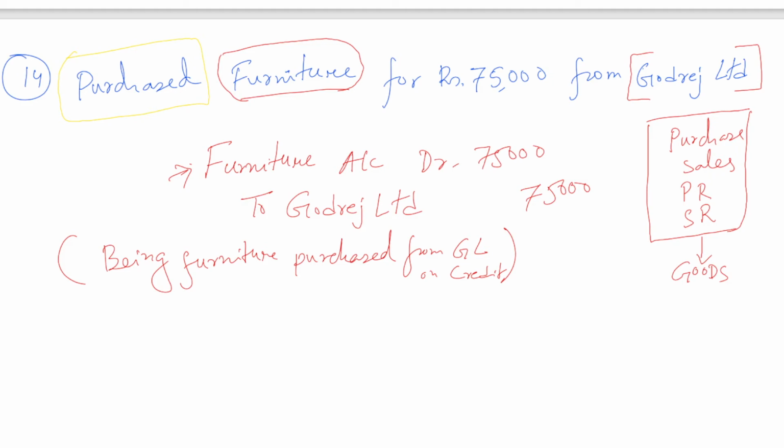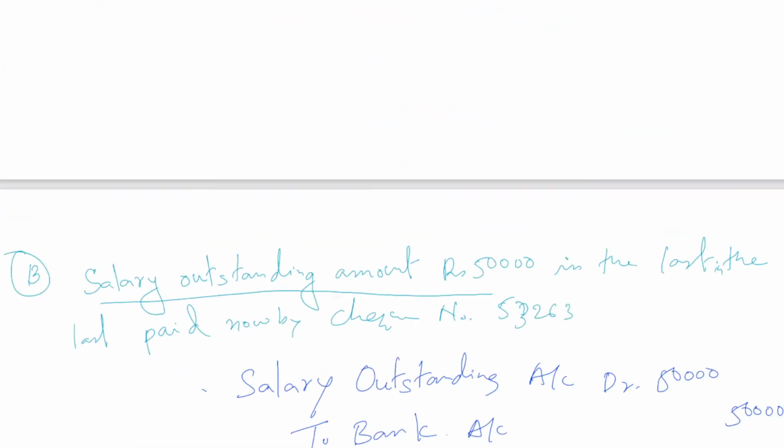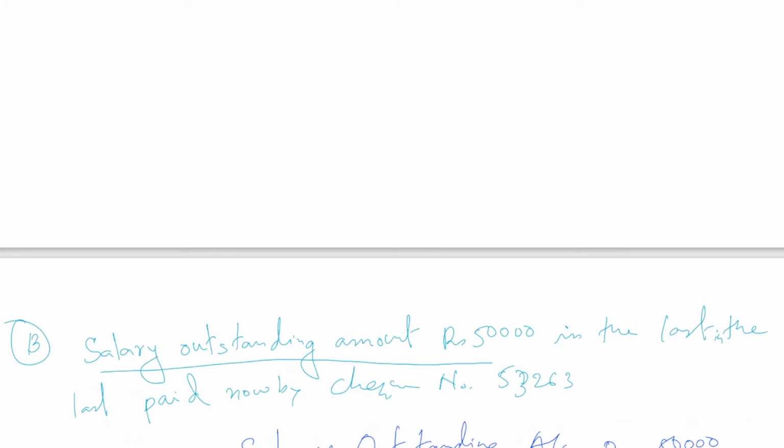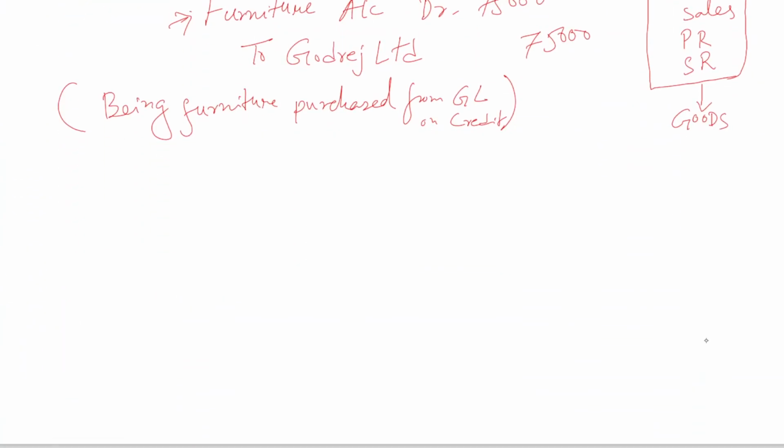Now, say for example, one entry like this. 14 is done, now 15.